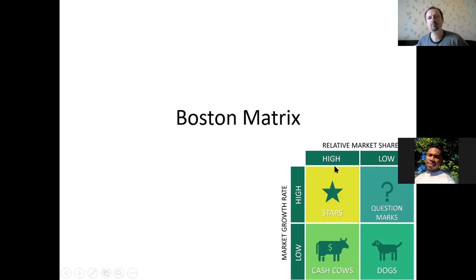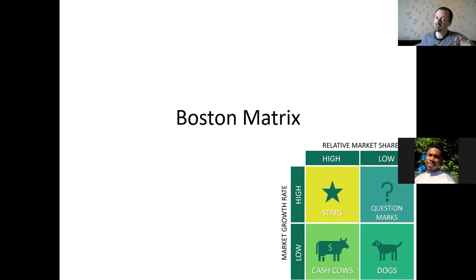So today we will speak about question marks, stars, cash cows, and dogs. And I will stress all day today that we have to build this matrix for one diversified company, but it sounds a little bit strange that from this very matrix it will be possible to find some information about our competitors for every strategic business unit.